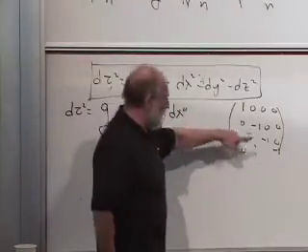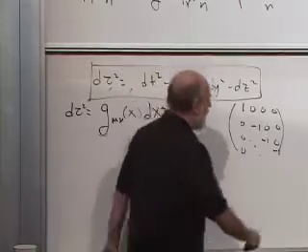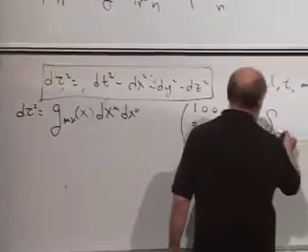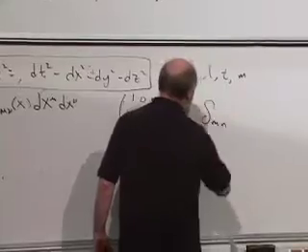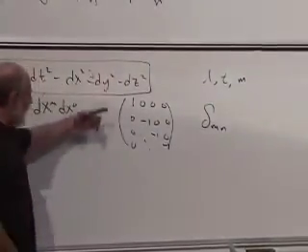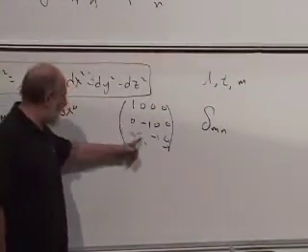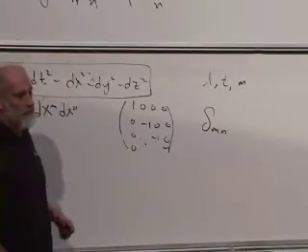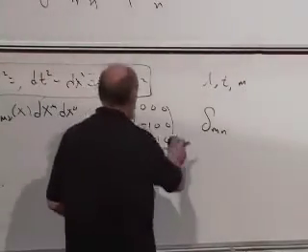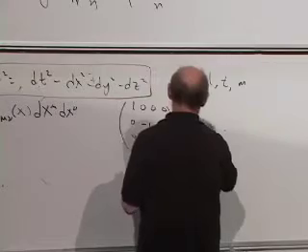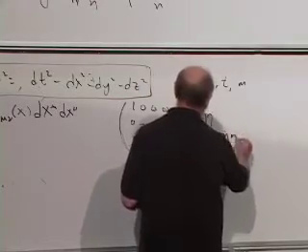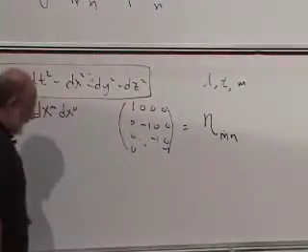This symbol has a name. It's the analog of delta mn. But it's not delta mn. It's not 1, 1, 1, 1. It's 1, -1, -1, -1. It has a name. It's called eta. Eta mu nu, Greek letter eta.